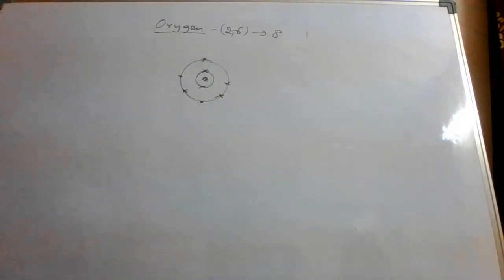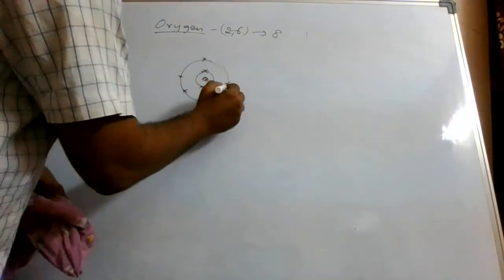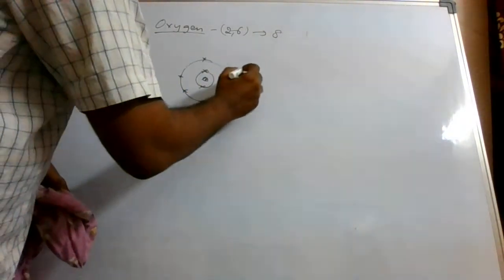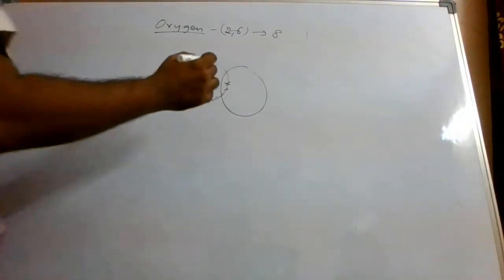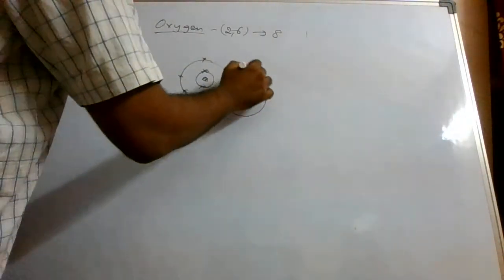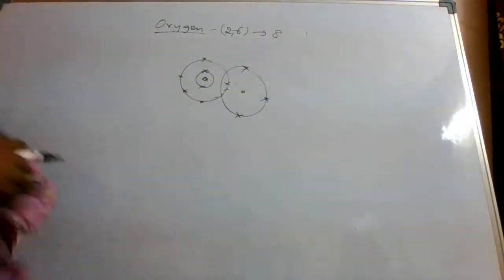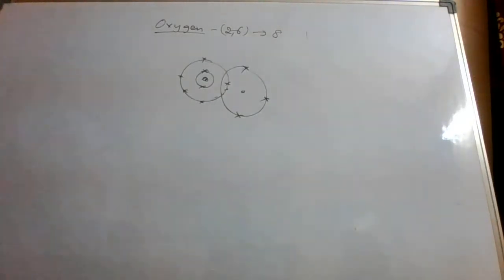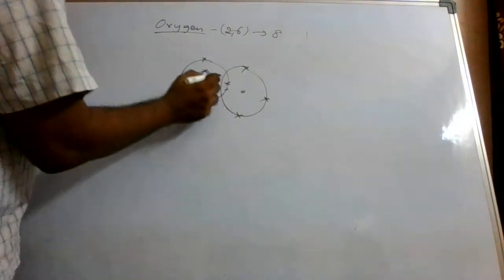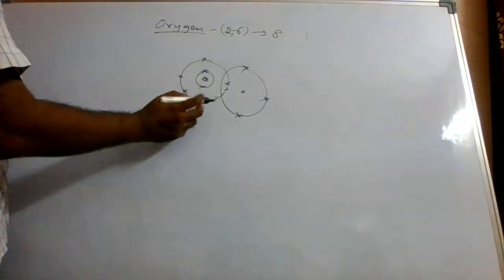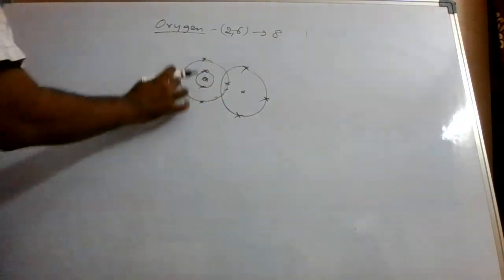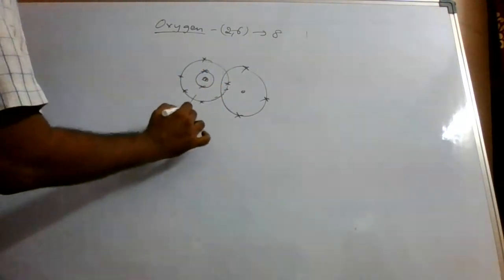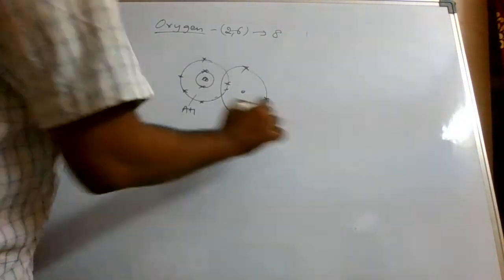Okay. So basically oxygen, what it does is it forms a double covalent bond. Okay. So these two electrons can be very, very close, and it forms like this. It forms covalent bond like this. So this is our atom 1 and this is our atom 2.